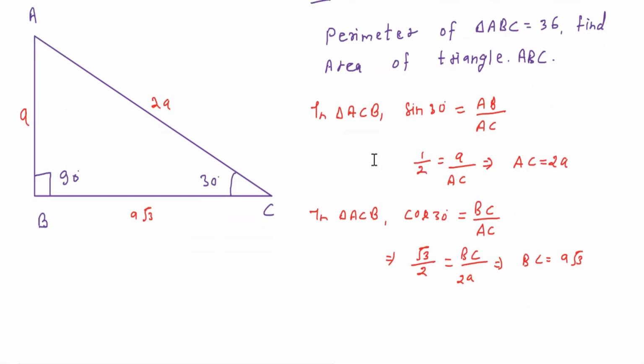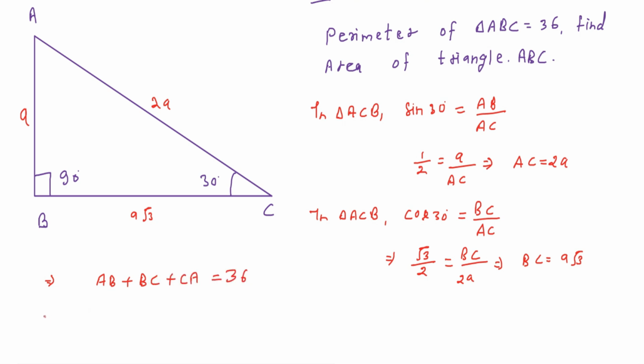And here it is also given that the perimeter of this triangle is 36. So we will be using this condition to find the exact value of a. So the perimeter of triangle ABC is 36. So from here we can write AB plus BC plus CA is equal to 36.